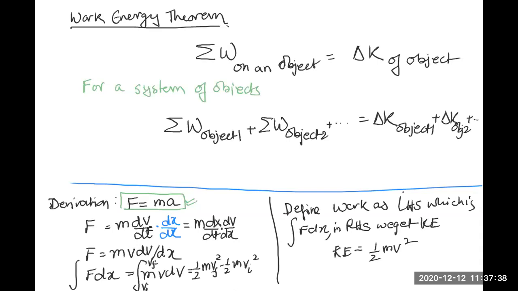So generally, what I'm going to write down, generally, summation of work done total is equal to change in kinetic energy, right? Should I write total or for all objects?